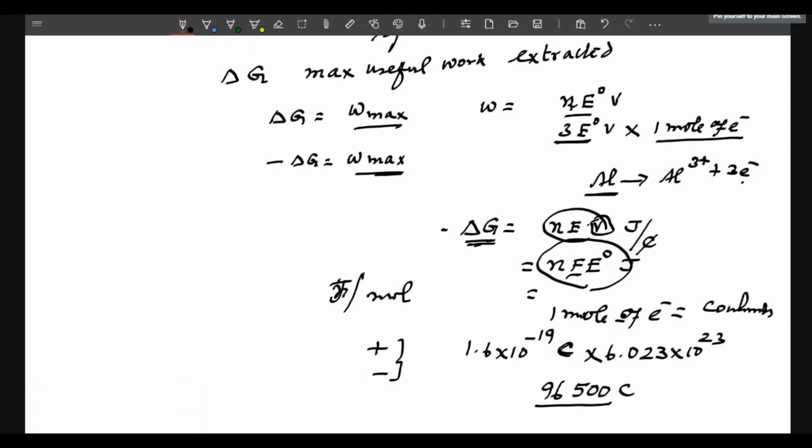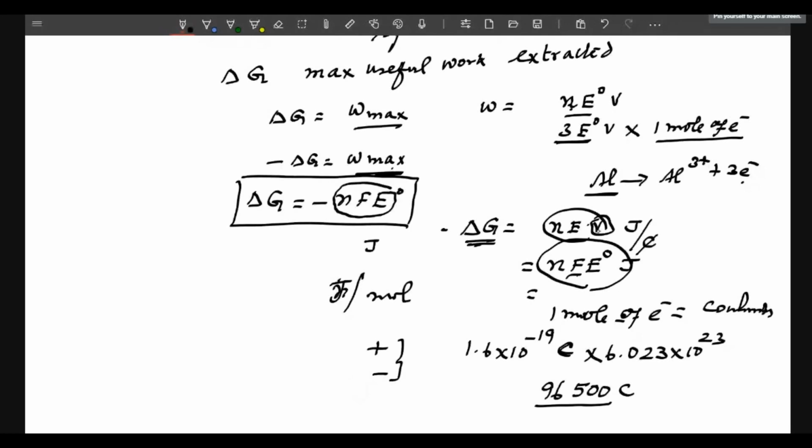The maximum work done is equal to minus delta G, or delta G is equal to minus NFE naught. This is the equation we are going to use. While we calculate the maximum work done by the cell, it is sufficient to calculate NFE naught. What is the unit for this?